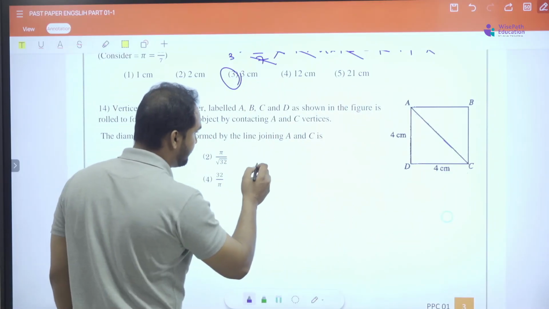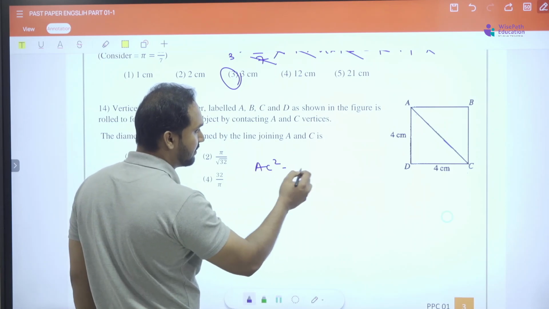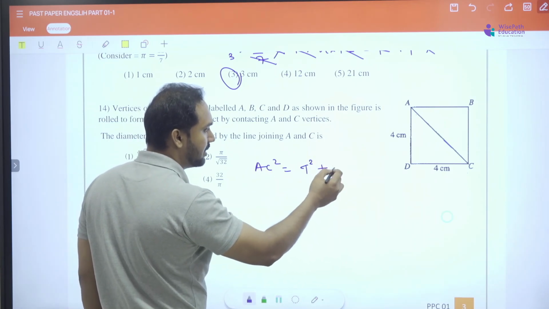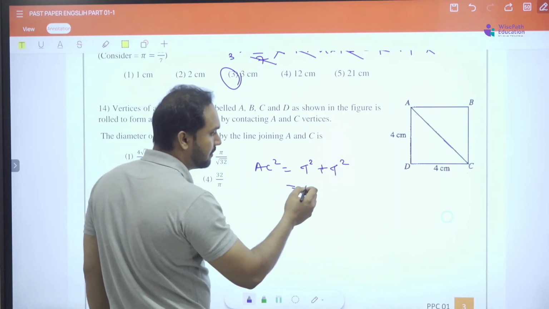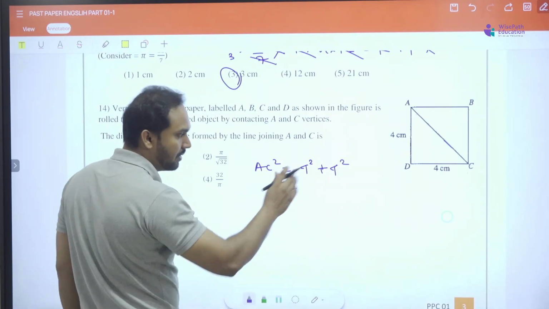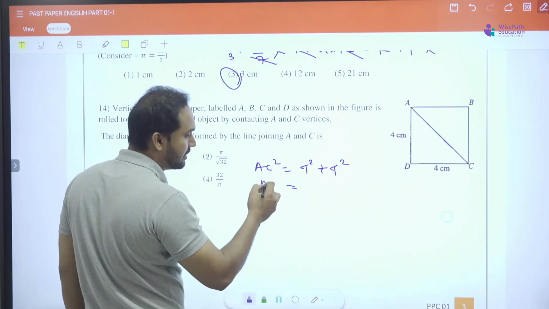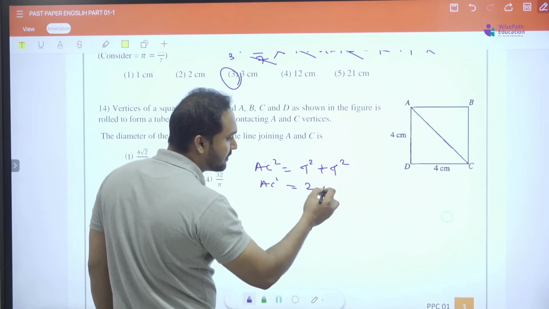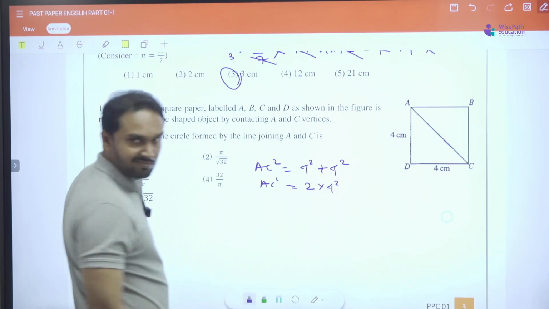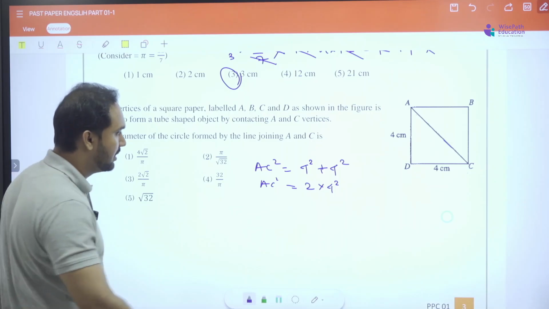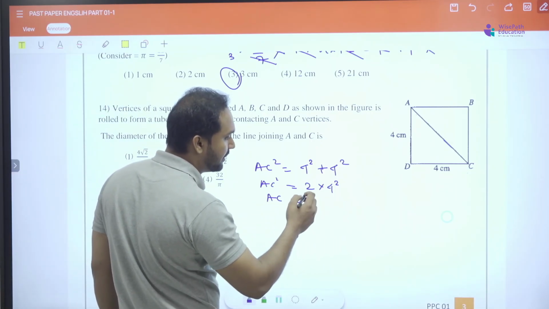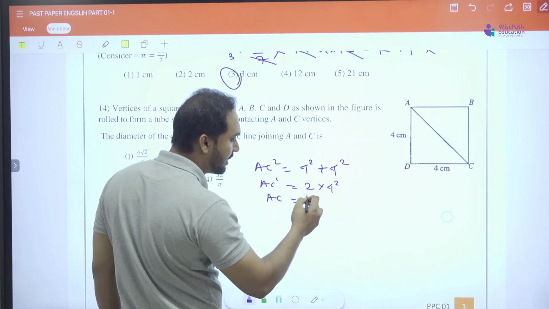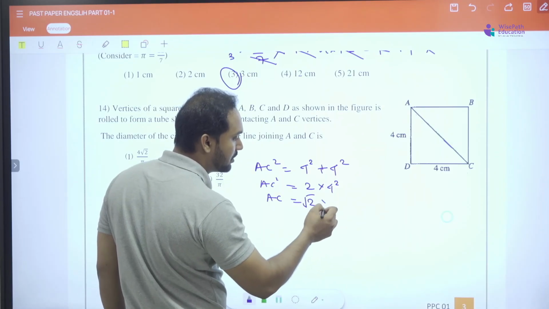What is the diagonal? AC square equals 4 square plus 4 square. So 4 square is 16. Now 4 square plus 4 square is 2 times 4 square, isn't it? So then take the root of it. AC equals the root of it. 2 doesn't have a root, so it becomes root 2. 4 has a root, that is 2.